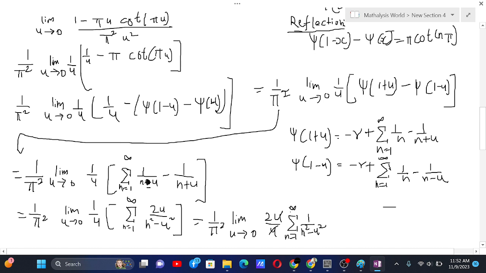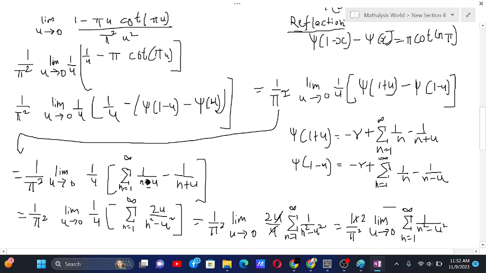We cancel this u out, and then we have 1 by pi square. Actually, we can take 2 out as well. 2 by pi square, limit u tends to 0, summation from n equals 1 to infinity, and then 1 by n square minus u square.